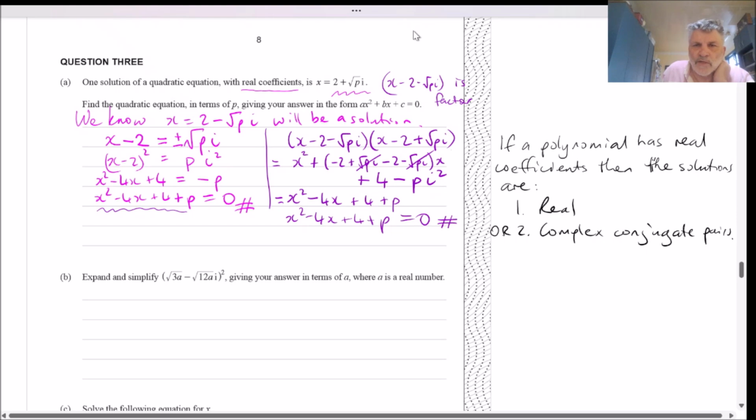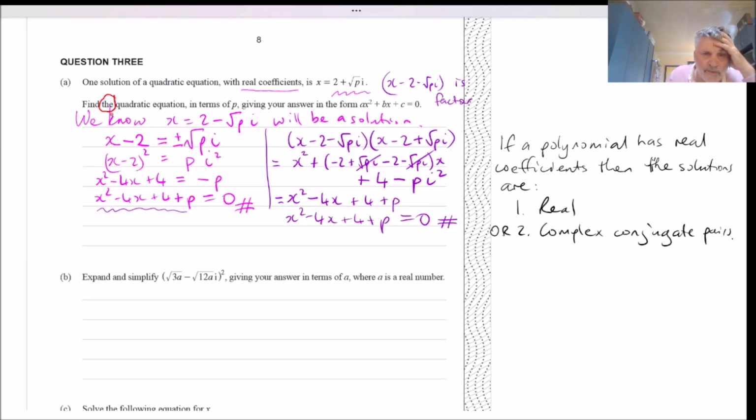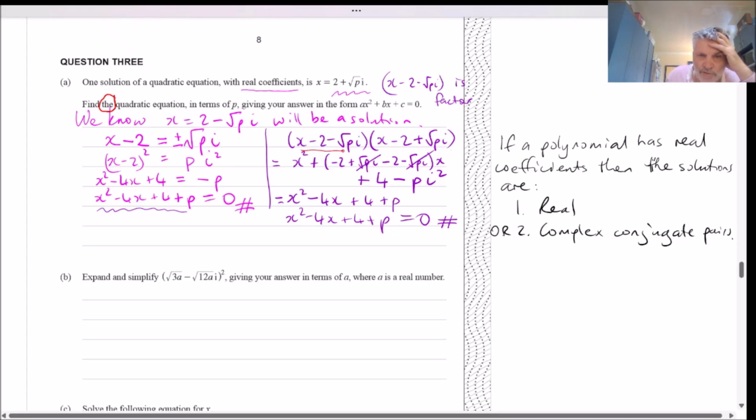There's one little thing about the question that I don't like, and that's the word 'the' in here, because there's not actually a single solution to this equation. In fact, the general solution that we expect, if we've got this root and this root, is that the quadratic, let's call it Q of x, has the form a times x minus 2 minus root p i, times x minus 2 plus root p i.